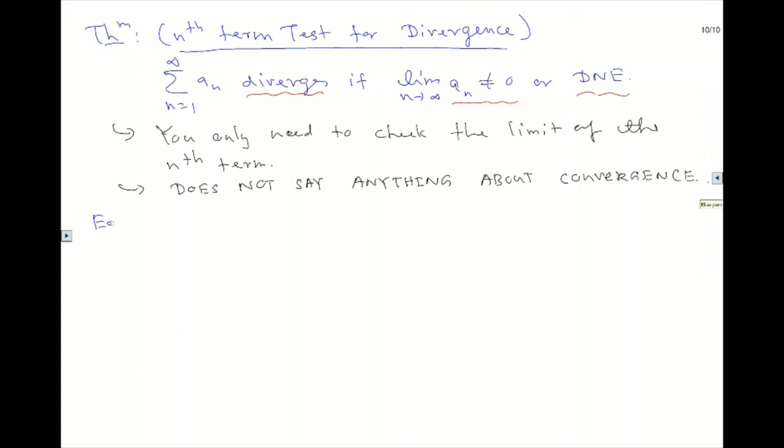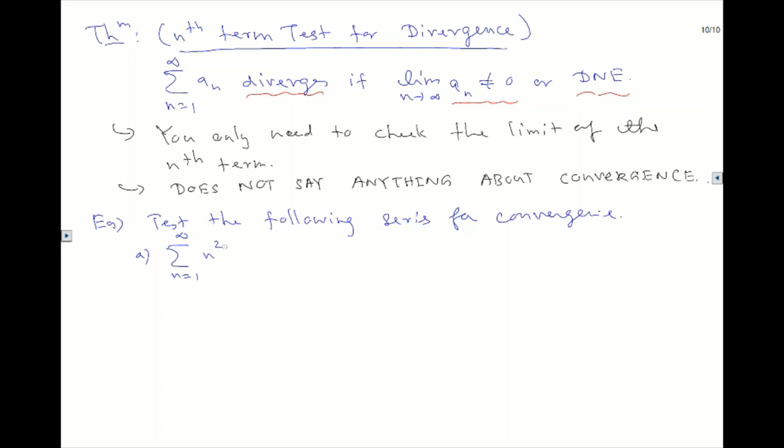So the example: test the following series for convergence. The first one, sigma n going from 1 to infinity of n squared.